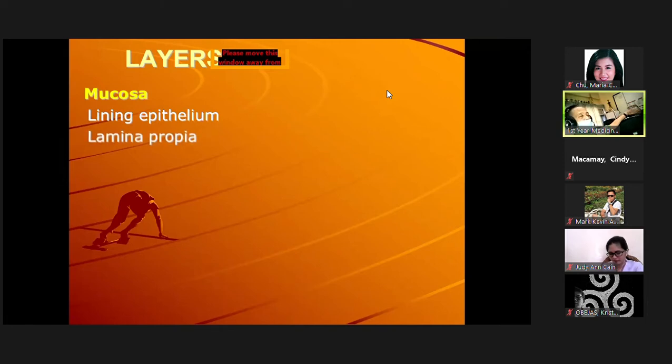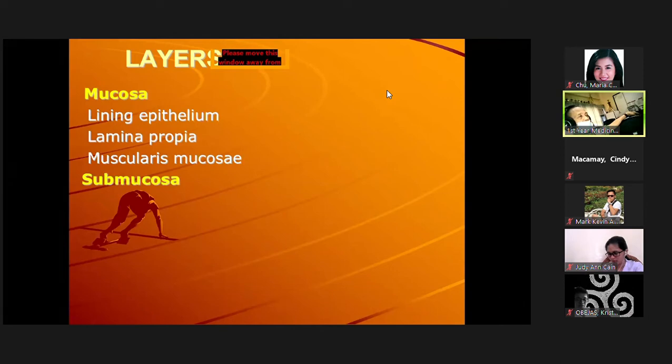These two belong to your mucosal layer. The Muscularis Mucosa is another one. Do not be confused with the Muscularis layer or the muscular layer. So in the mucosa, you see these three: lining epithelium, lamina propria, and Muscularis Mucosa. The Muscularis Mucosa is smooth muscle, only few.